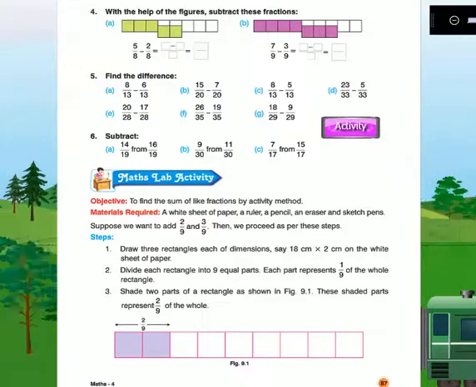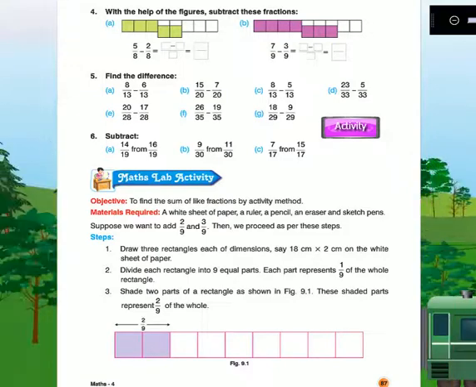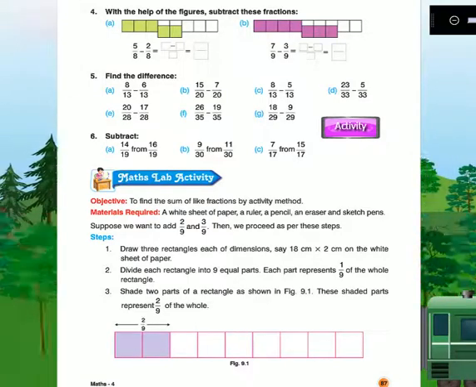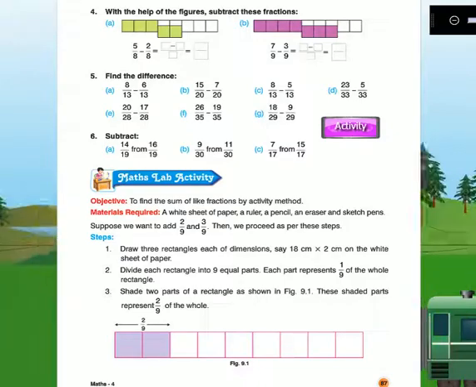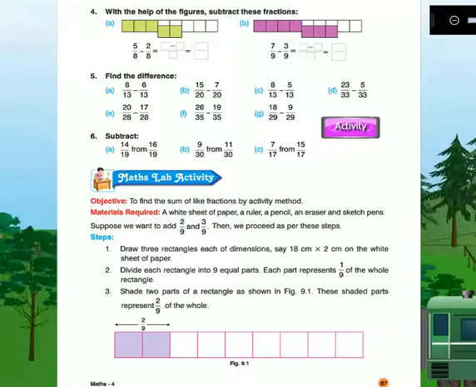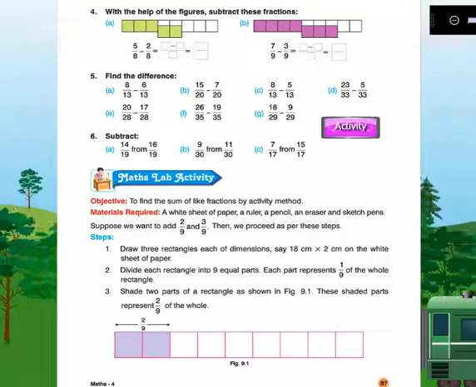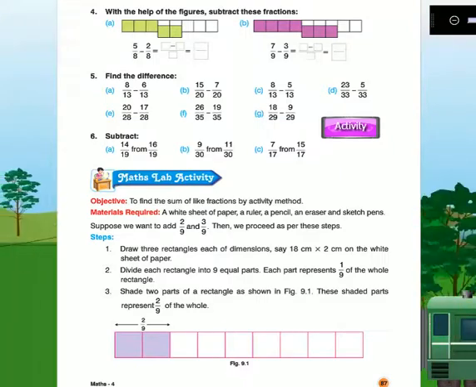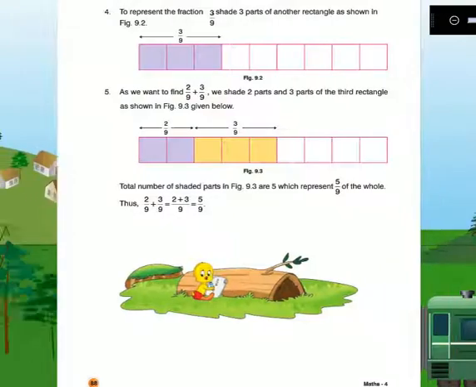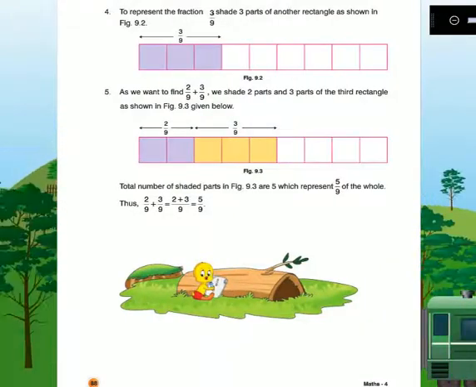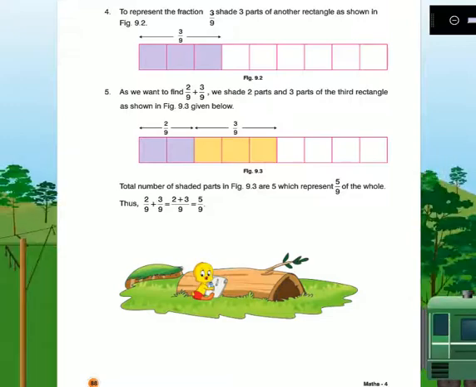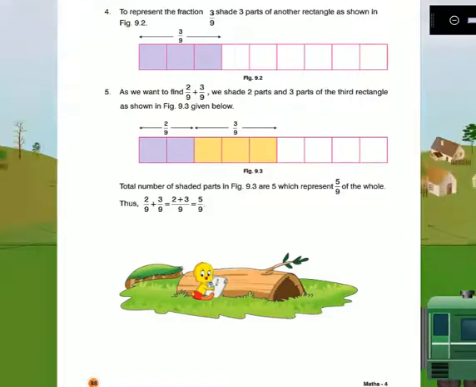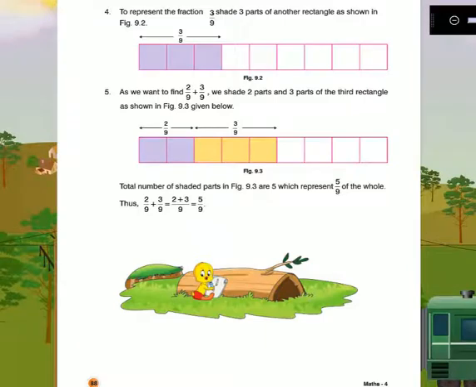Shade 2 parts of a rectangle as shown in figure 9.1. These shaded parts represent 2 by 9 of the whole. To represent the fraction 3 by 9, shade 3 parts of another rectangle as shown in figure 9.2.